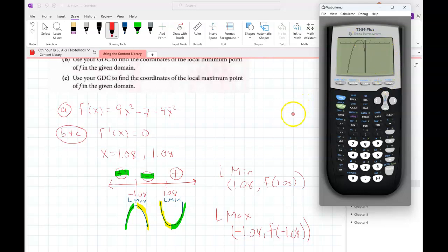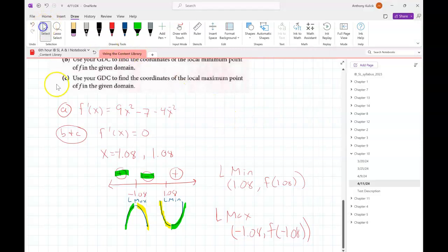I don't even know where it's at. Anyways, you get the idea, right? Maybe it's way up high somewhere. We have that asymptote there. Let's try one more. There it is. Okay. Does that one feel okay there?